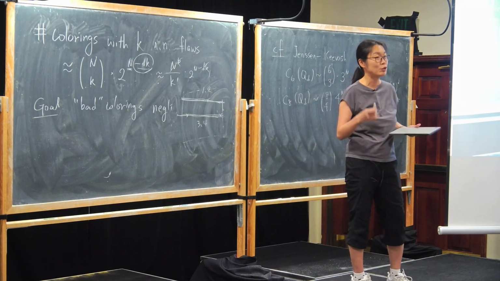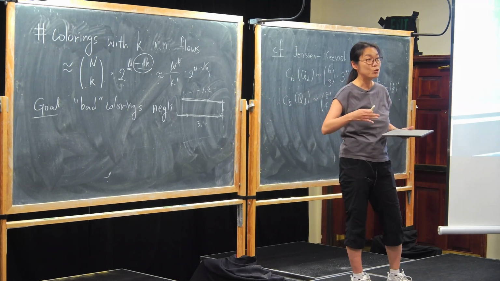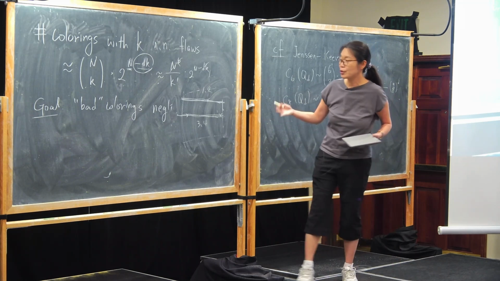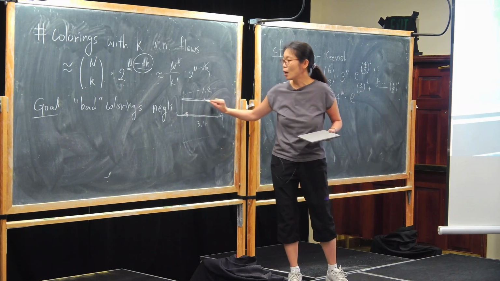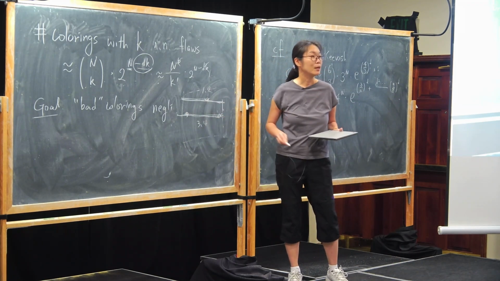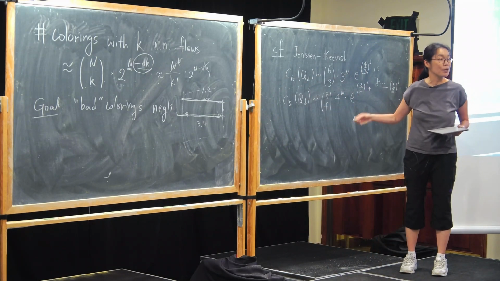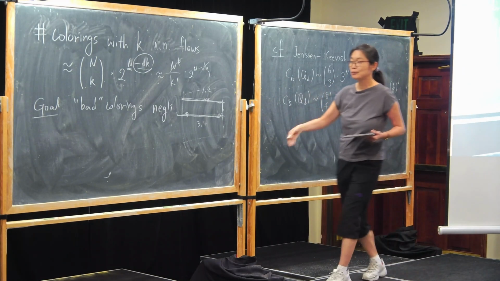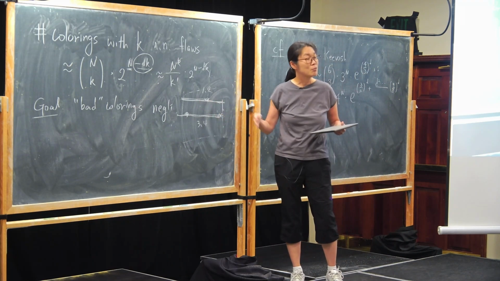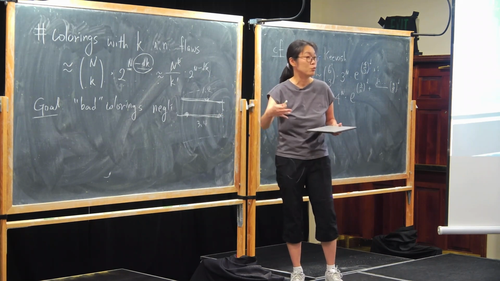This is what happens when you have a small number of colors, but as you have many colors, those flaws become more typical. So that makes the asymptotics more complicated because the contribution of the picture with flaws becomes bigger.